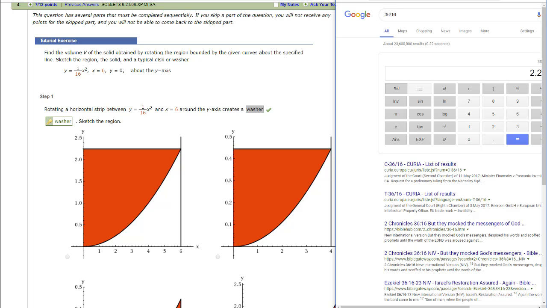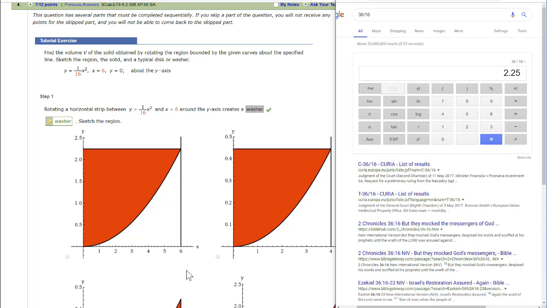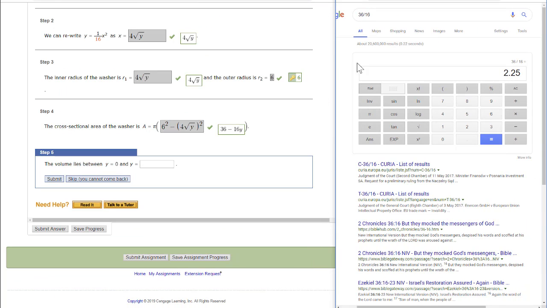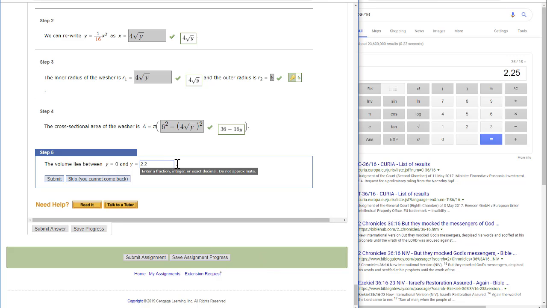That turns out to be 2.25, and so that's the decimal that they were looking for. Suppose you can write that as a fraction as well.